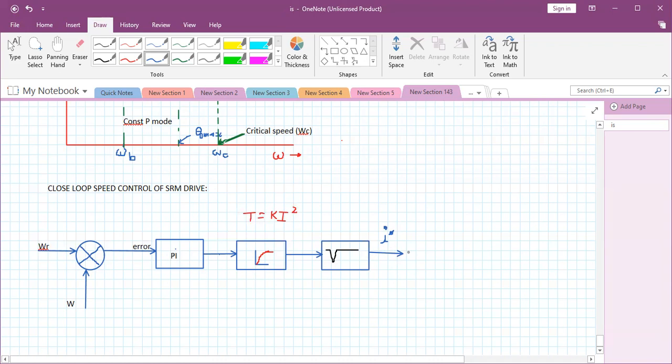And this reference current is injected into the motor winding.